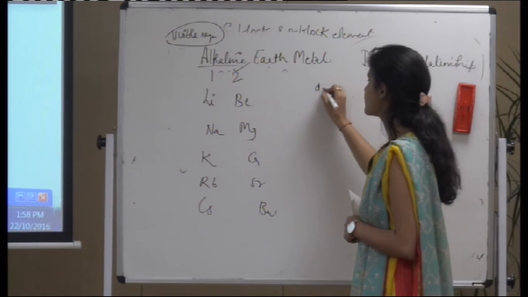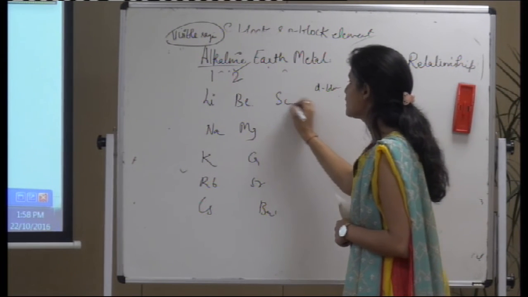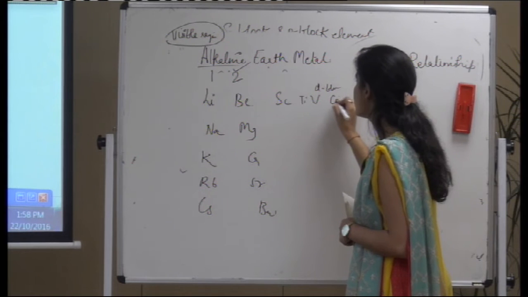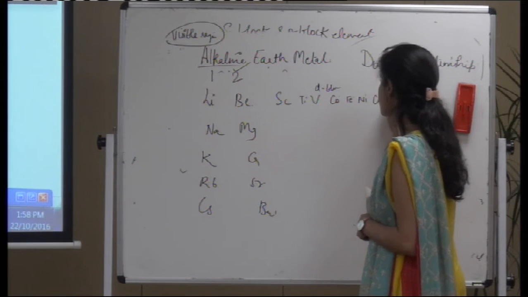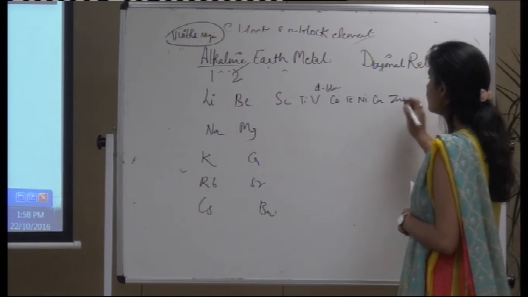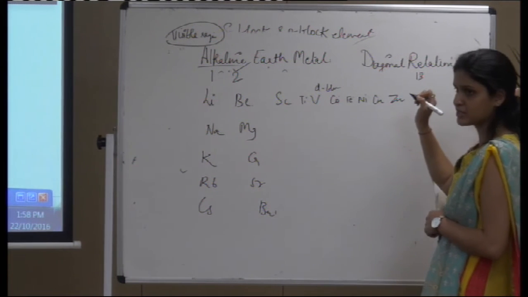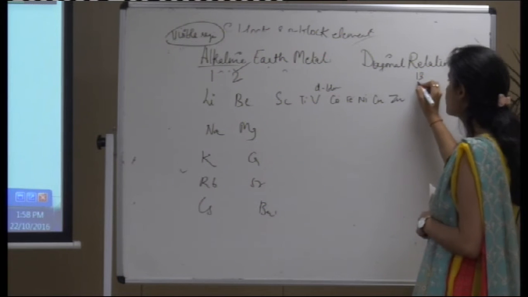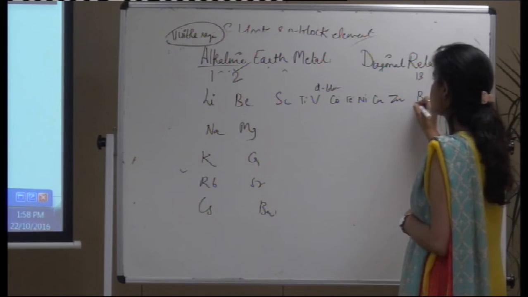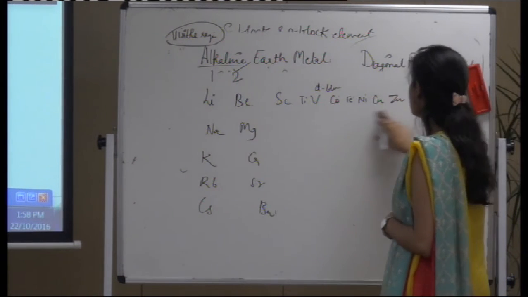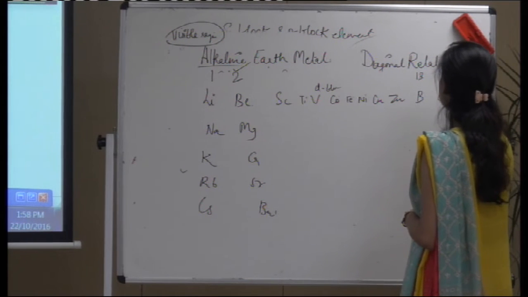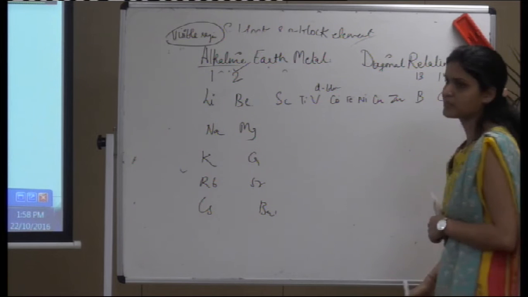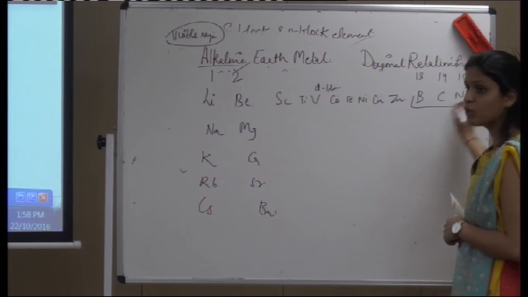D block elements, which include scandium, titanium, vanadium, cobalt, iron, nickel, copper and zinc. Then again we have the 13th group element. This is called boron. Then B, C, group 14, 15, N, and group 16, O. This is called the P block elements.